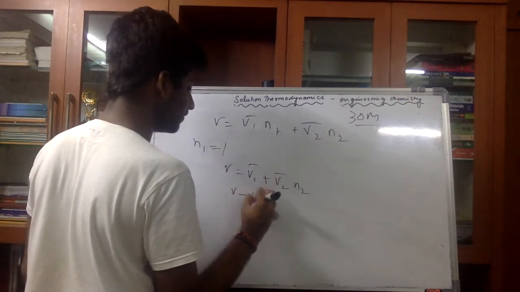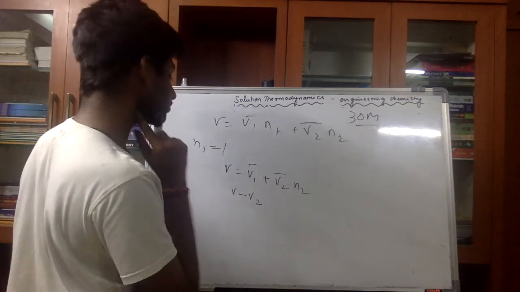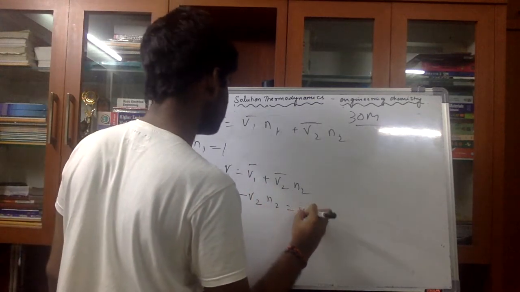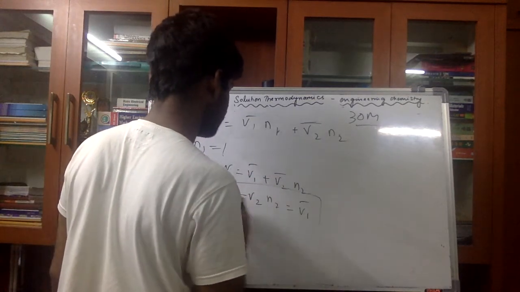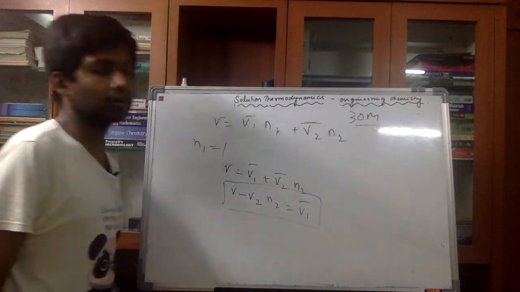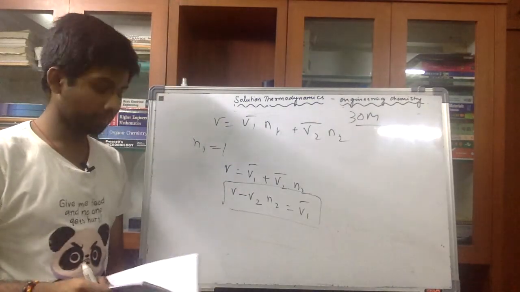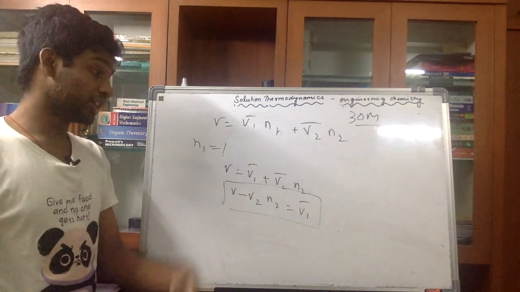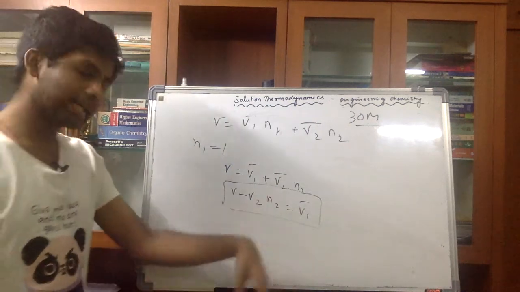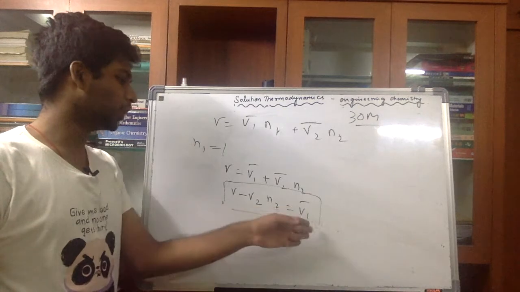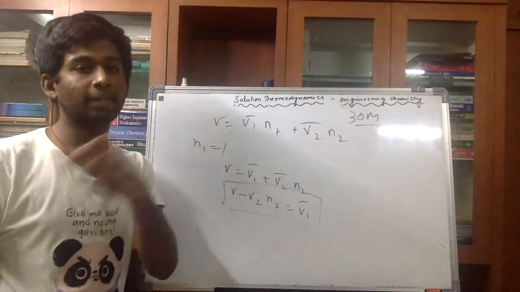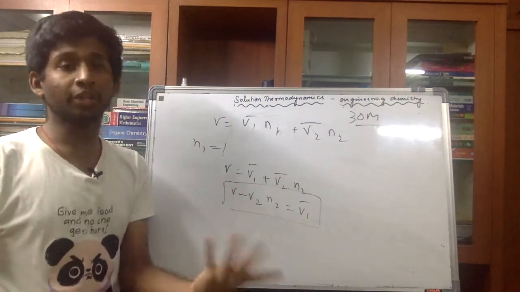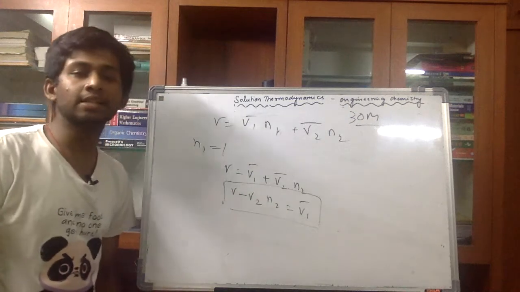So V minus V2 bar N2 is equal to V1 bar. This is the equation, as well as a relation, for the partial molar volume of component 1 which we wanted to find. So now in this we discussed the basics.